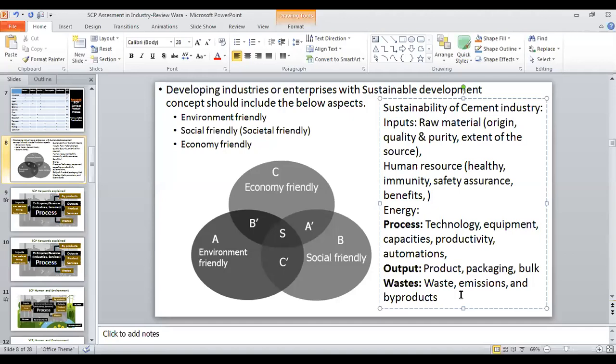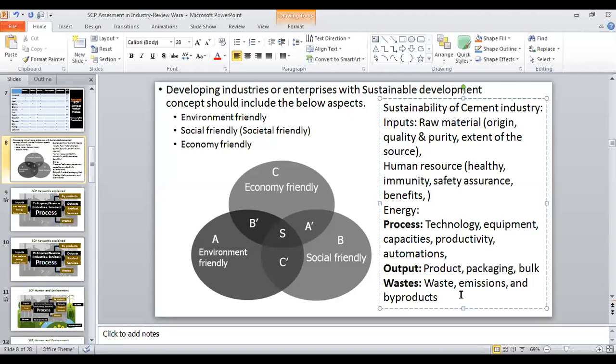When you are dealing with challenging industries, innovations, product developments, and technology developments are always necessary. Because it is not just the same thing the previous generations did in the cement industry, for example.